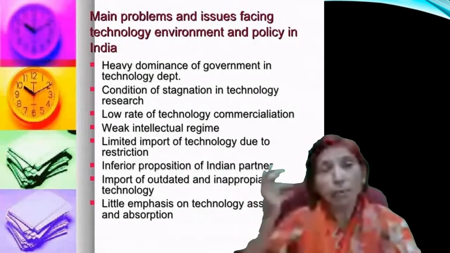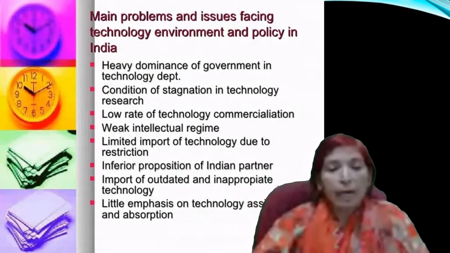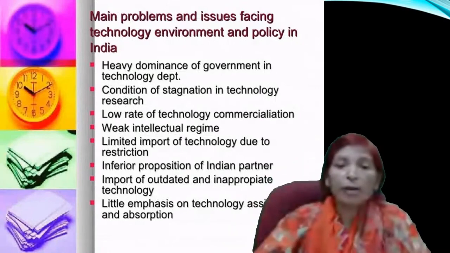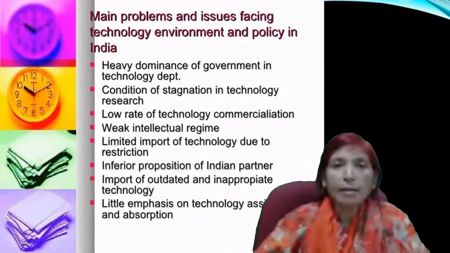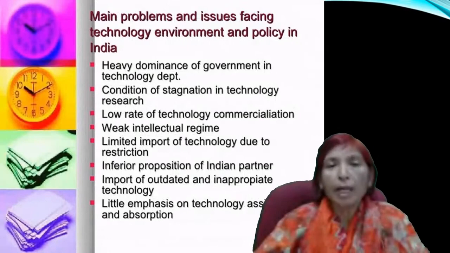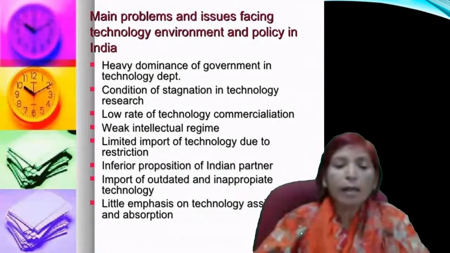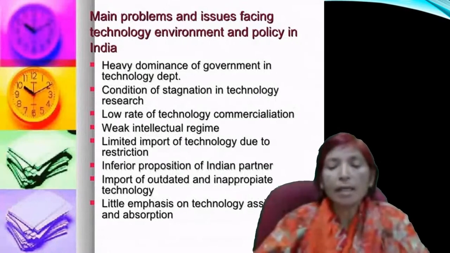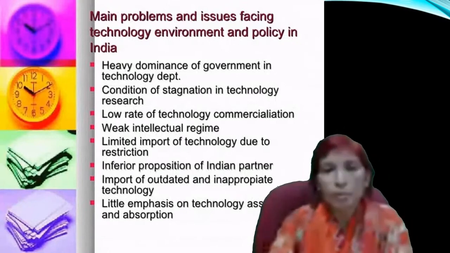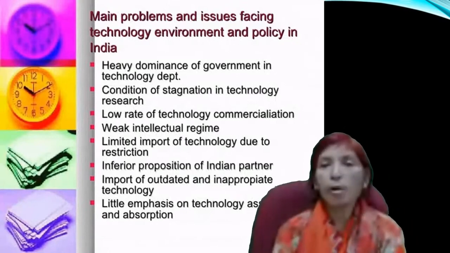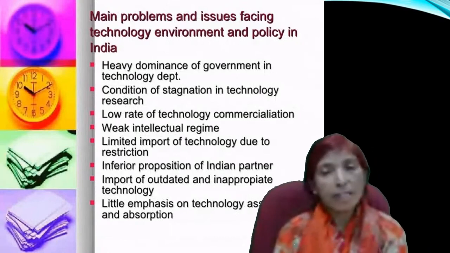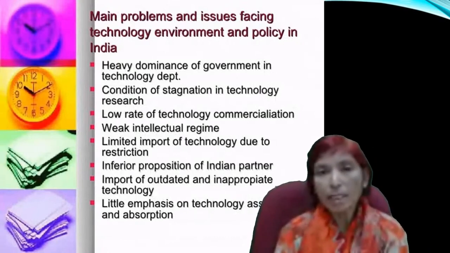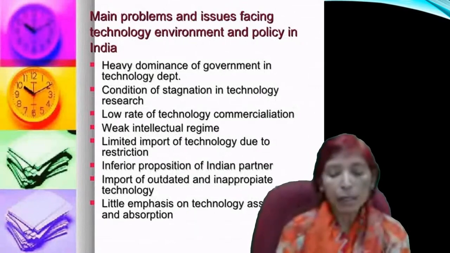In India, there is no free trade policy, and there is inferior proposition of Indian partner, import of outdated and inappropriate technology, and little emphasis on technological assimilation and absorption. So these are the main problems and issues mainly faced by the technology environment and policy in India.